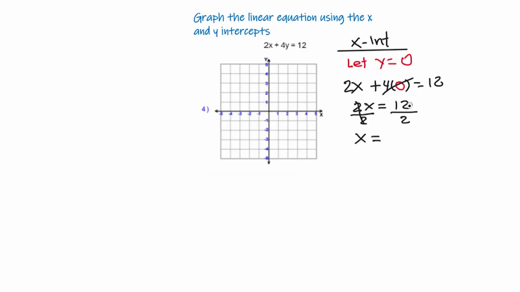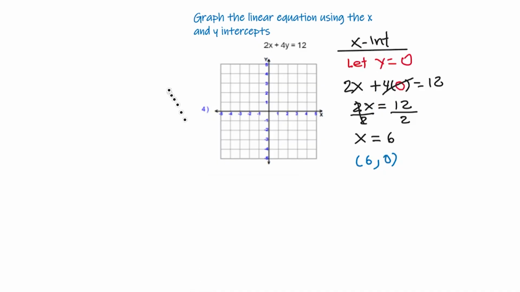And then 12 divided by 2, that's how we get 6. Out of this, we're going to get 1 point. The point is x, which is the answer, 6, and then y is going to be 0. So out of this, we got this point, okay? And now that is the x-intercept.